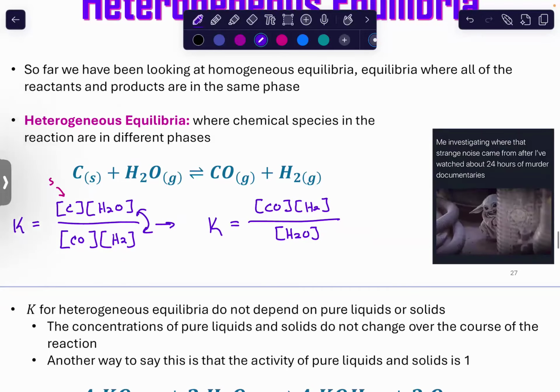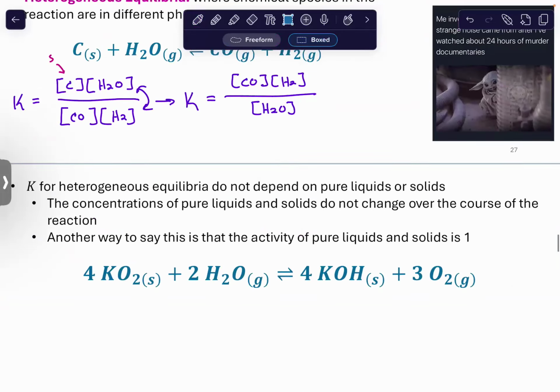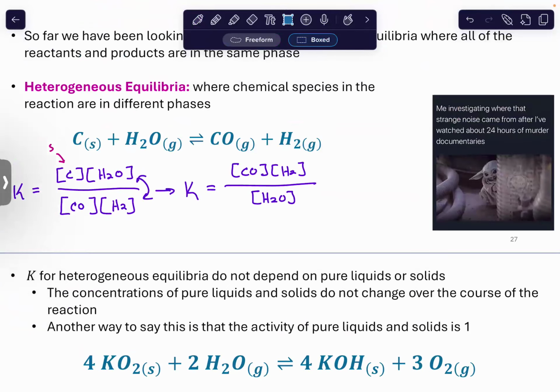With this one in particular, we can actually use the Kp because you see we have everything as a gas except for the solid carbon. So we could also have Kp. So that also works in this case.